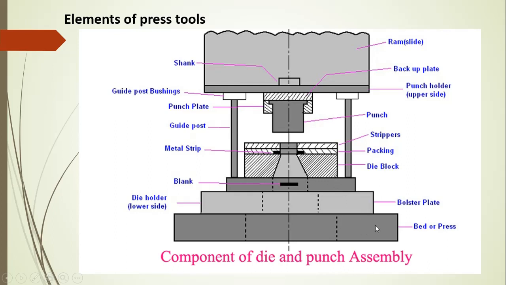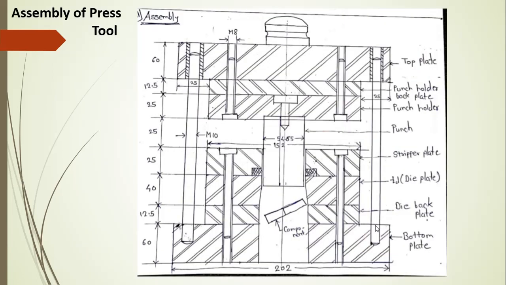Then next, in our university exam, one whole assembly of the press tool will be shown in front of you. You have to maintain the same sequence given to you. If any problem is given, you have to draw the same assembly for that problem, except the dimensions will be changing.